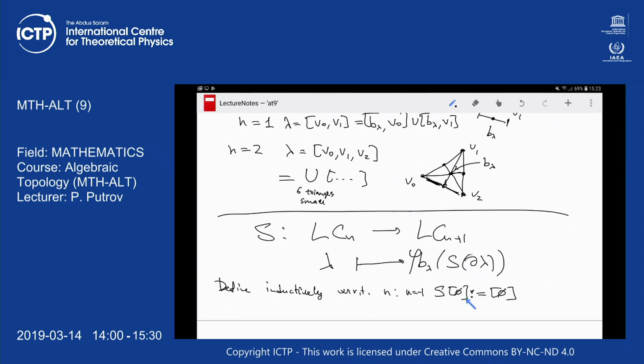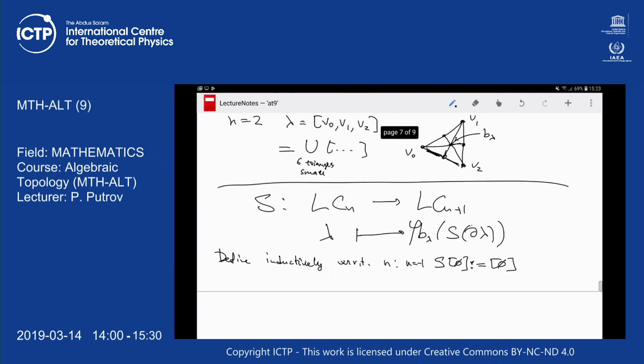And then, if lambda is in LCM, d lambda is in LCM -1. So if I know how to define S for LCM -1, this gives me a formula for LCM. Let me write more explicitly how it goes, so this is not so abstract.